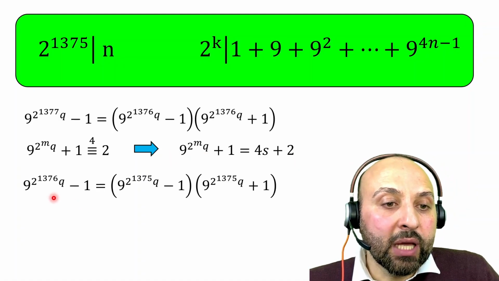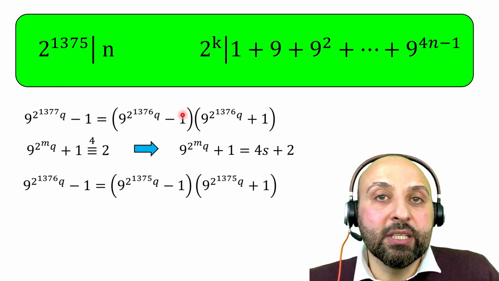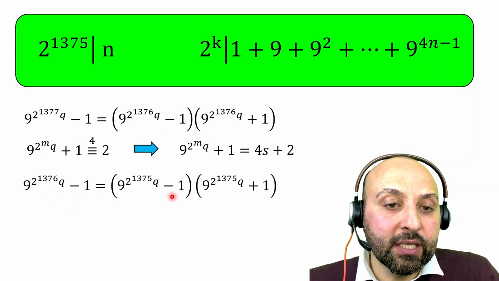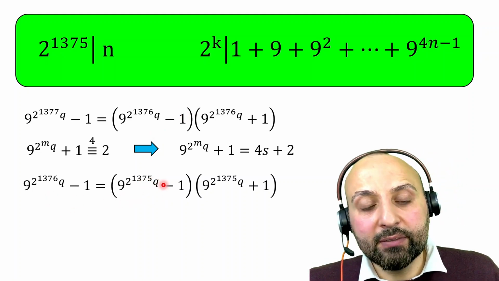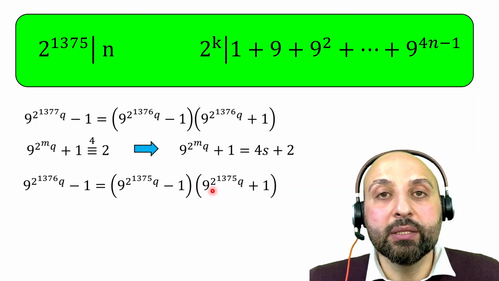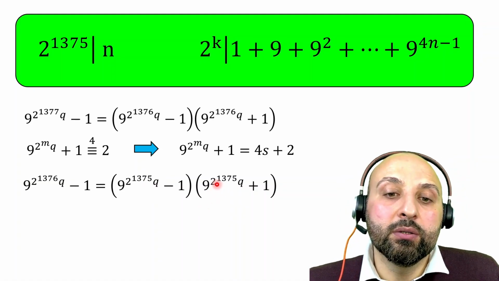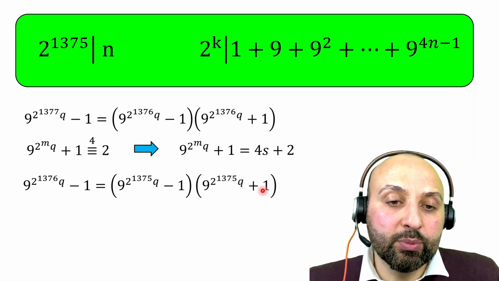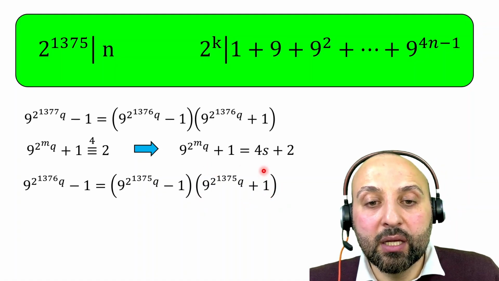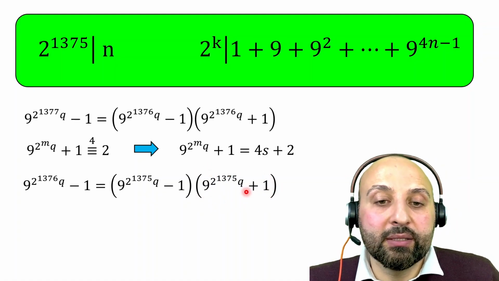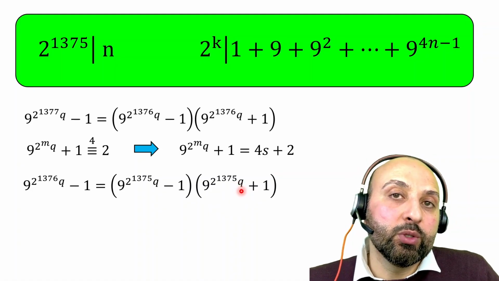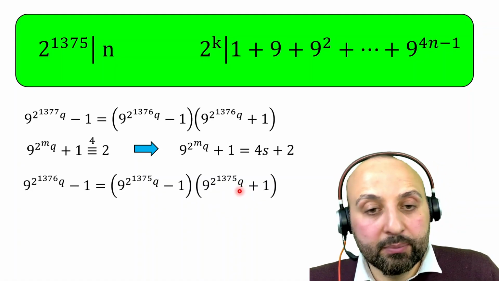Okay, so now we are going to continue and decompose this term. Again, we can write it as 9 power 2 power 1375 q minus 1 multiplied by 9 power 2 power 1375 times q plus 1. And again, we know that 2 divides this and 4 will not divide this, so the maximum power of 2 will be 2 power 1.